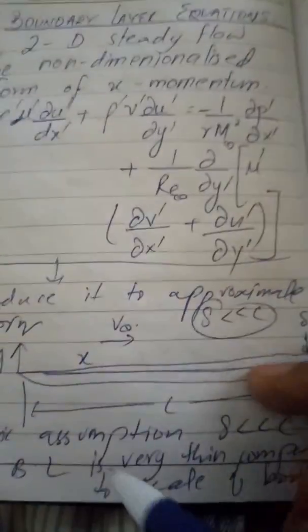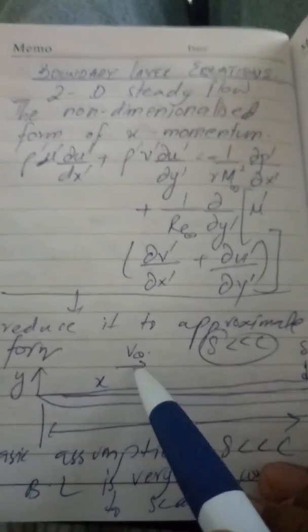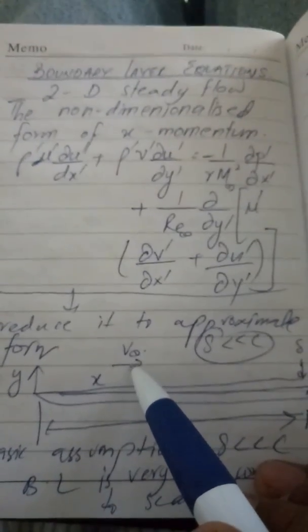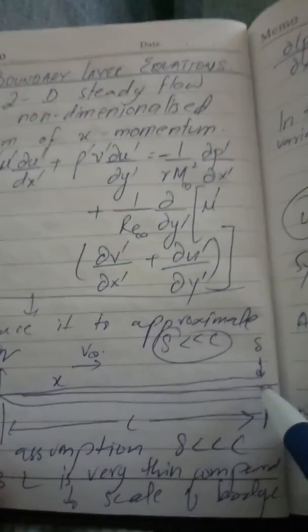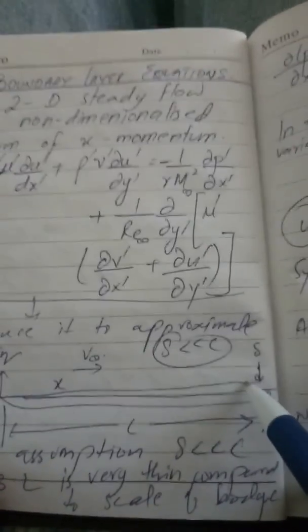For example, this is x, with velocity V infinity, y is vertical, this is the boundary layer thickness delta, and this whole thing is the surface.